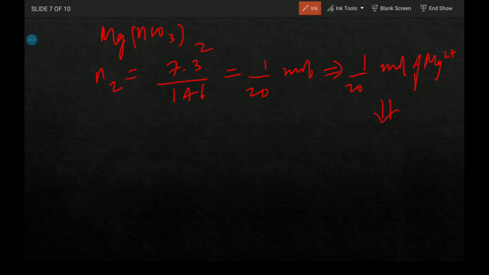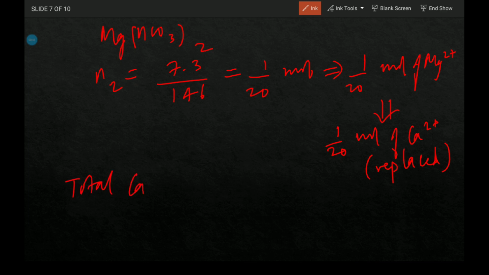Again, we can replace all the Mg2 plus ions with the calcium 2 plus ions. That is 1 by 20 mole of Ca2 plus ions are also present. That is, we have replaced as we did in the previous question. I can now very well say the total number of moles of calcium 2 plus ions is 1 by 20 plus 1 by 20.